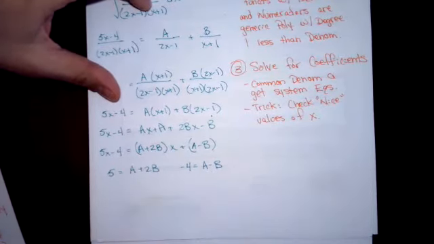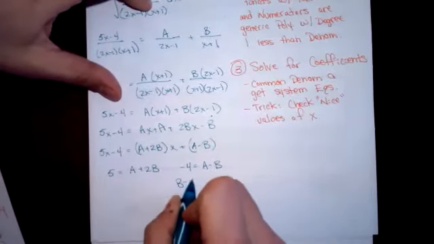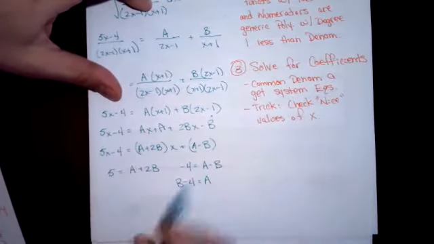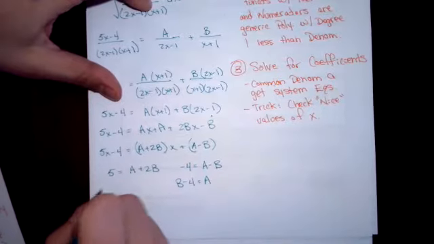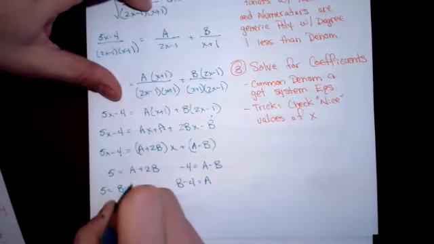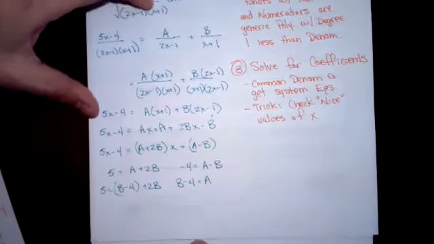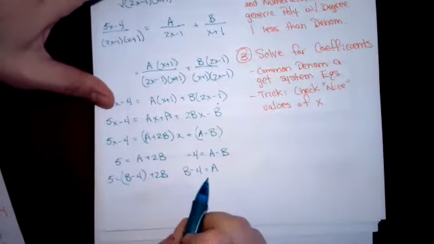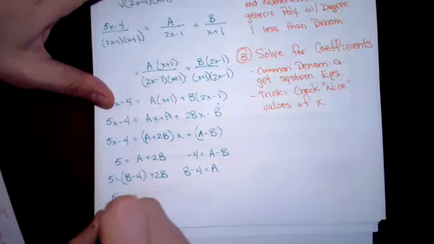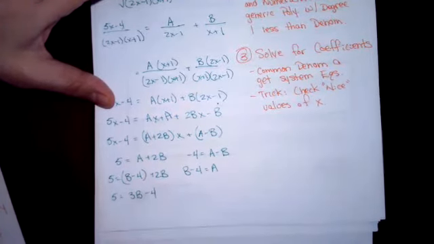So let's go ahead and start with the right side. Add the b over. So it's going to be b minus 4 equals a. We're going to plug now this in for a. So we get 5 is equal to b minus 4 plus 2b. And so we get 5 is equal to 3b minus 4.